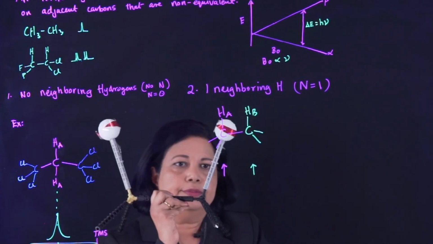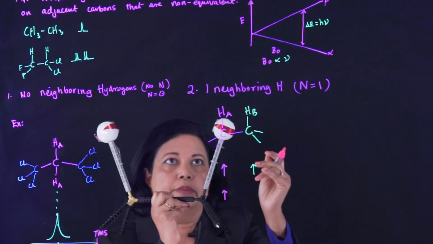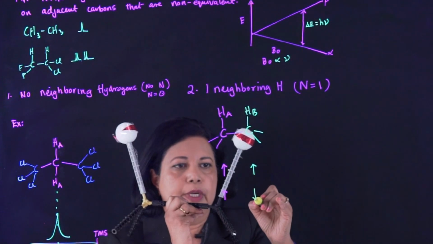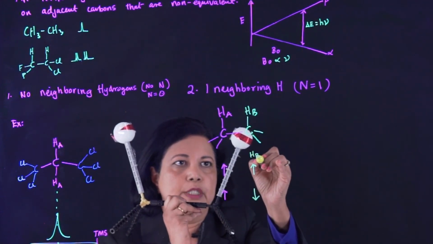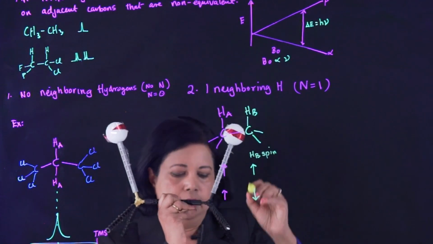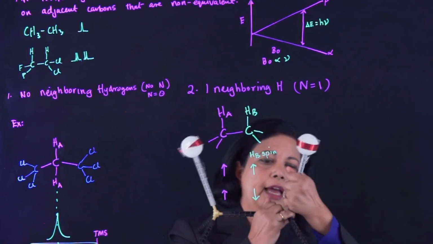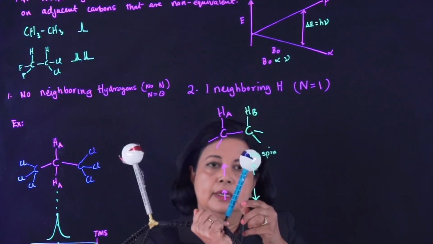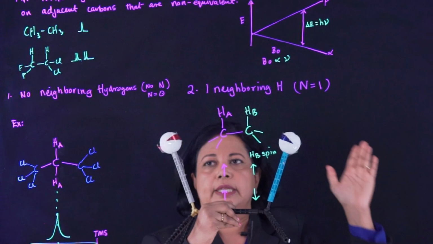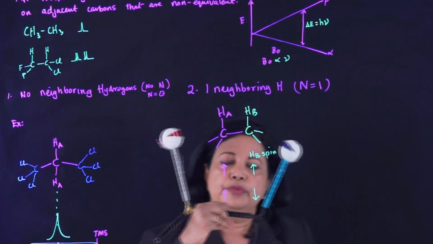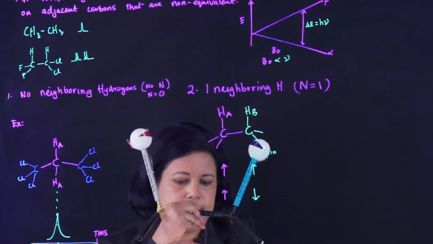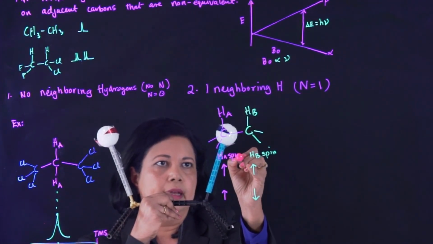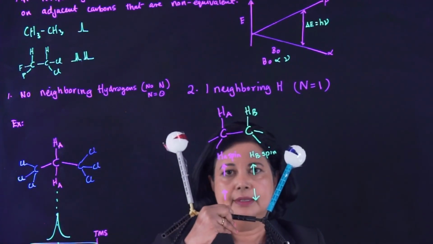Or, for the same spin, let's say we're treating this spin in this direction, you can have an opposite spin for HB. So this is your HB spin. So that means you can have a spin that's going in the opposite direction. That is going to take away from this. So therefore, you're going to have a different frequency now. So this is your HA spin, and this is your HB spin.